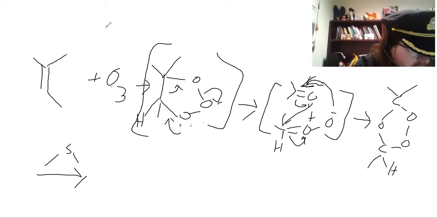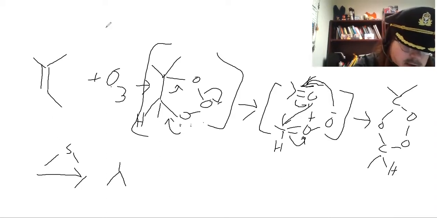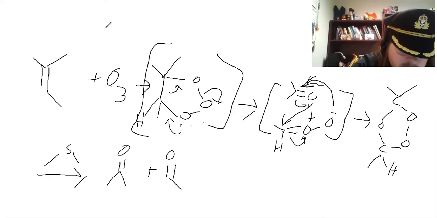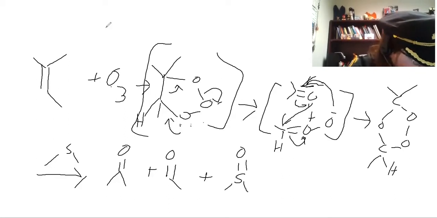This dimethyl sulfide is easily oxidizable. So in the presence of this easily reducible compound, this guy has a bunch of oxygen, wants to give it up, and sulfide is more than willing to take it. So that sulfide is what's going to push this to the next step. And of course, you're going to have DMSO, dimethyl sulfoxide.